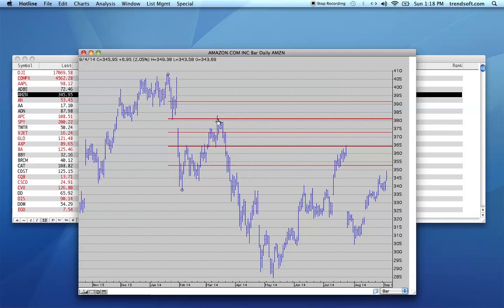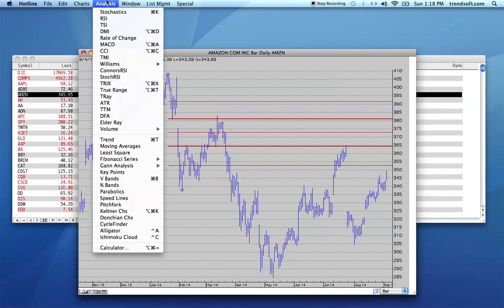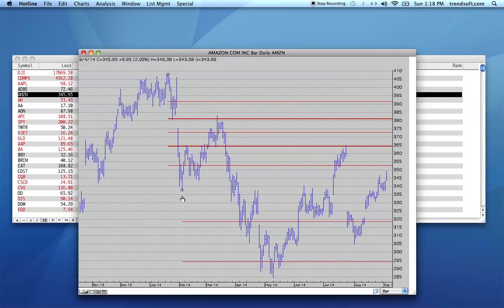All right, so now let's apply the extensions and see how they did in projecting where the market might go once you picked up that short position. So we'll go back and we'll pick up the extensions. And so here they are. This is the 1.272 level, and this is the 1.618 level.